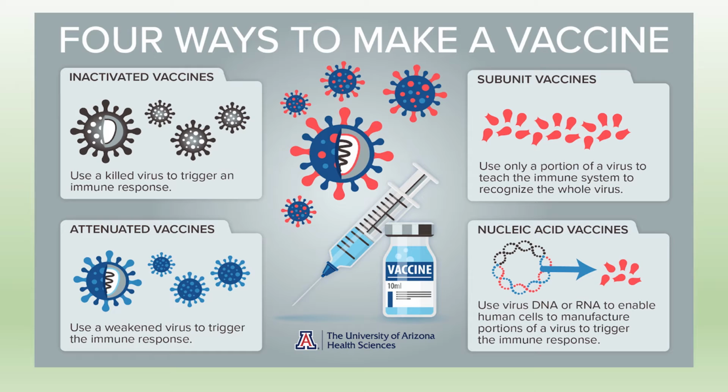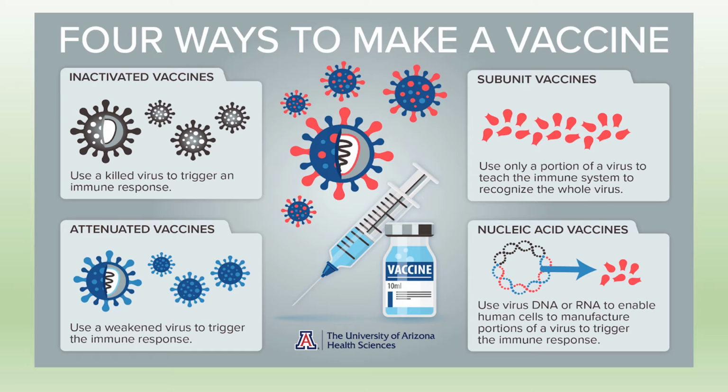Now, these don't provide as strong of an immune response, which means the immunity might not last as long or you may need more shots. The flu vaccine is an inactivated vaccine. It can't cause the flu because there's no live virus in it.